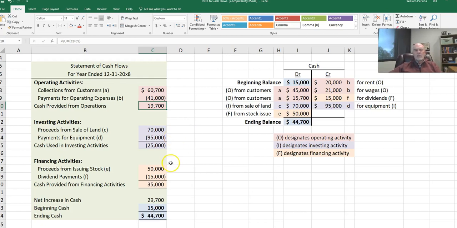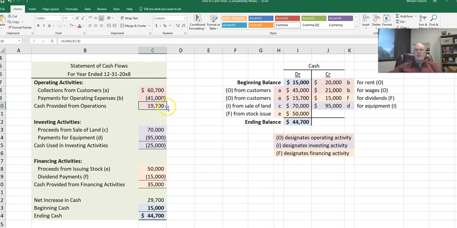And then under the financing category, we issued some stock. We got $50,000 from that. That's this debit to cash up here. We also made some dividend payments to our stockholders, and that's the credit to cash. So that netted out to $35,000 provided from financing activities.